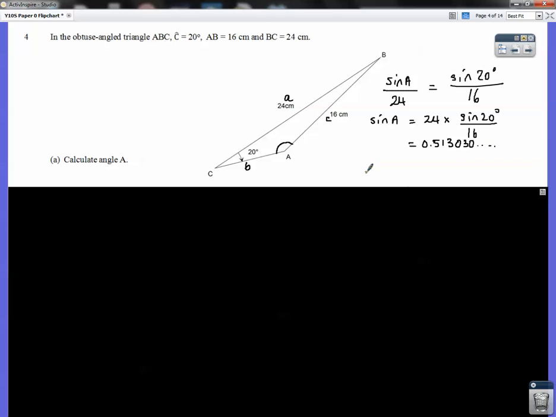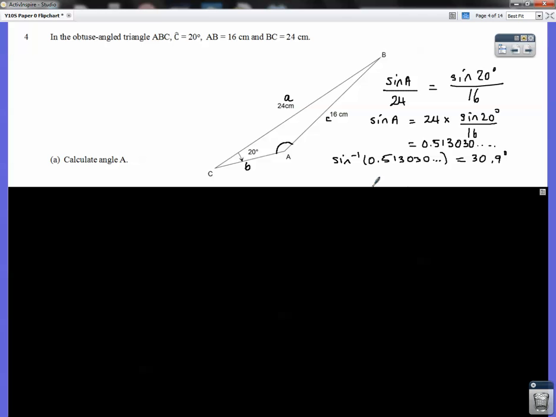Now if I use my calculator and do inverse sine of that answer, I get an angle of 30.9 degrees. But clearly that isn't the angle A, because not only does it not look like 30.9 degrees, the question also mentions that it's an obtuse angle triangle.